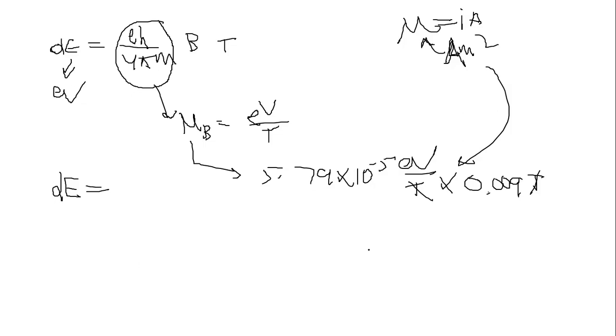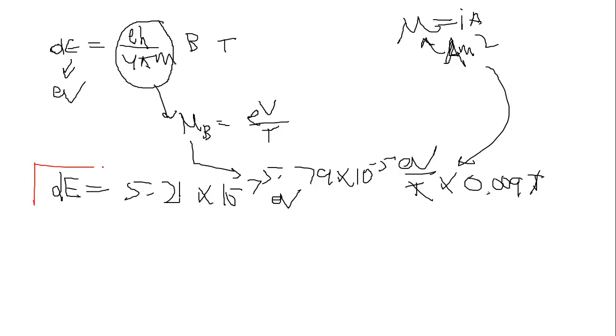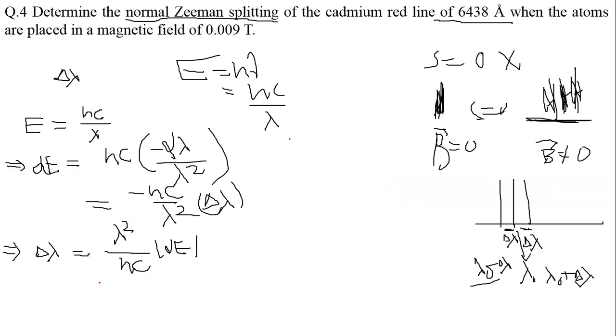So when we multiply this, we will get 5.21 into 10 to the power minus 7 electron volt. So since the value of DE is 5.21 into 10 to the power minus 7 electron volt, from this value of DE, we can get the value of del lambda.